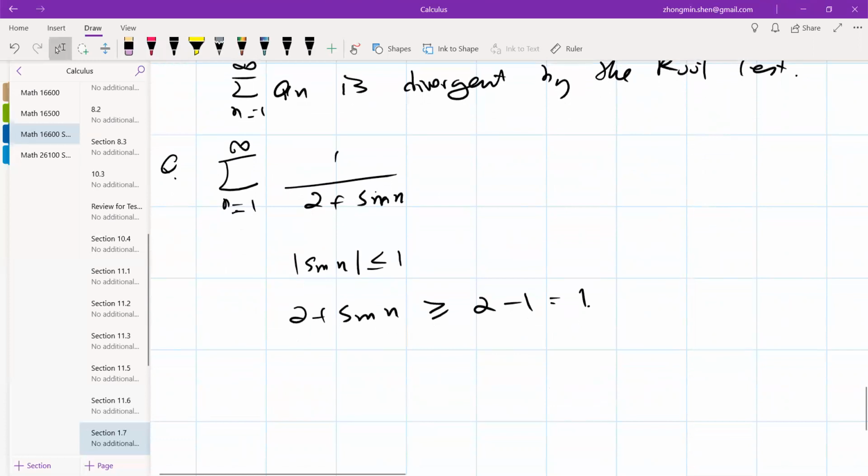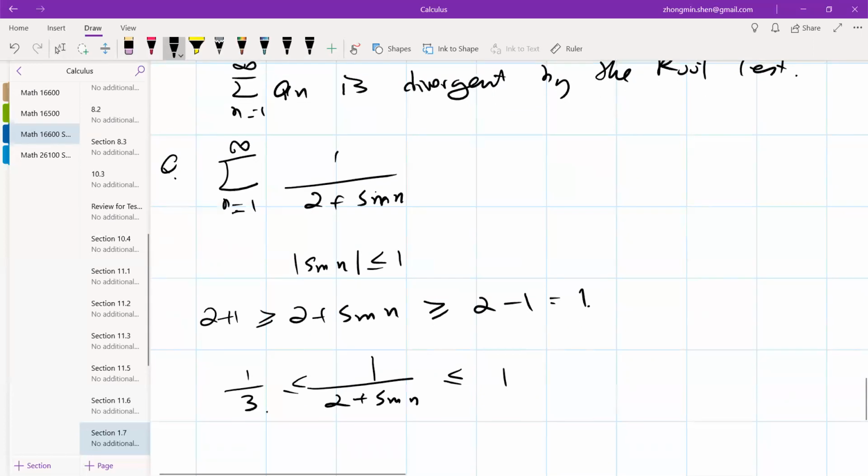It's positive, but the other side is less than or equal to 2 plus 1, which is 3. So the denominator is always between these two. Therefore, the term is going to be less than or equal to 1 and greater than or equal to 1/3.